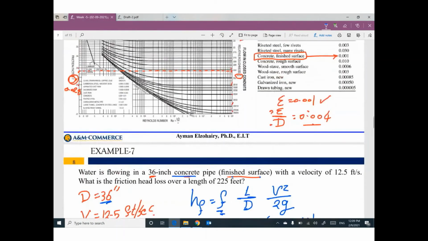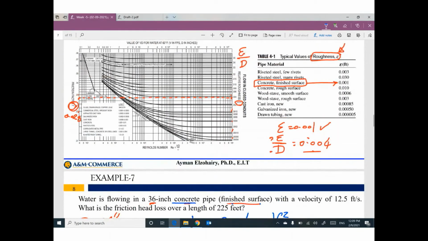Be careful. This roughness value is in feet. So 0.001 is feet, and right now you are dividing feet by inch. Doesn't make sense. You need to convert one to the other.